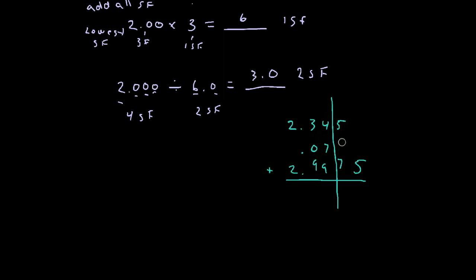I hope that's not too confusing, but basically you line them up like this, and you look at it and you say, well, 0.7 only goes to the tenths place on the decimal point, so my answer can only go to the tenths place on the decimal point. So what we're going to do is add these up, and it would be 5.4125.